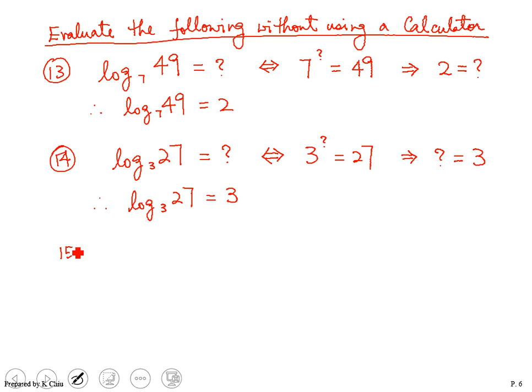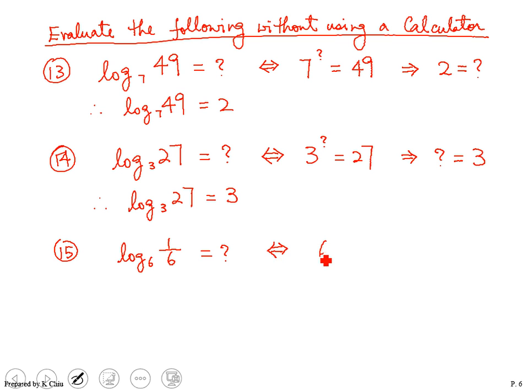Let's see another. This time I have log 1 over 6 with the base 6 equals to what? Wow, that one is even hard to think of. So let's convert this into an exponential form first.